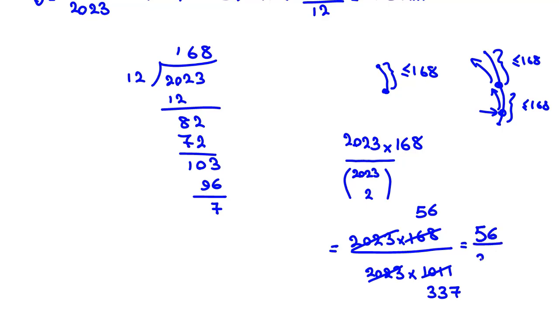Okay, 56 over 337. 56 is a multiple of 2, but 337 is not. 56 is a multiple of 7. Is 337 a multiple of 7 or not? No. So the most simplified term is this.